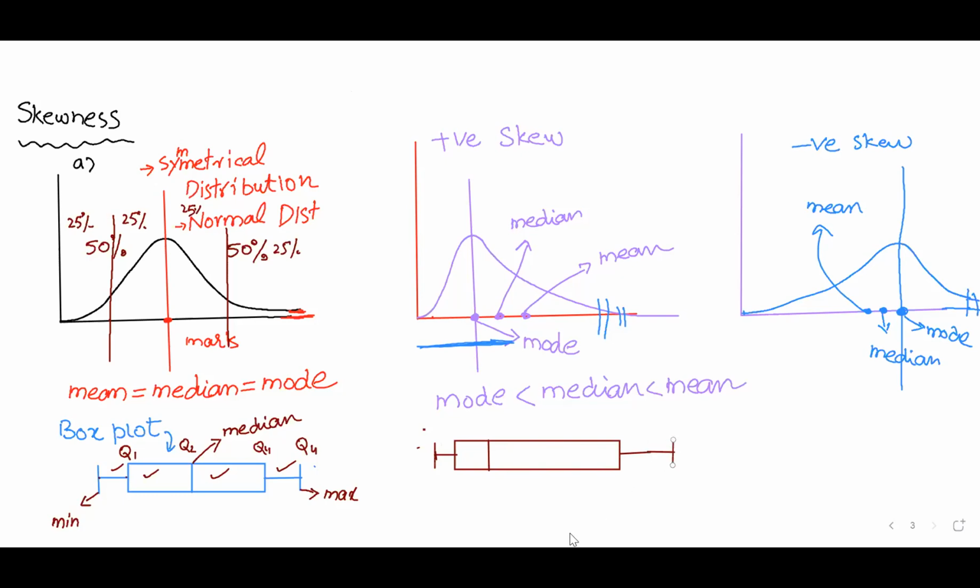Okay, this is the box plot for the positively skewed. You will see that most of the portion of your data set lies in this range, on this right side of this one, right?